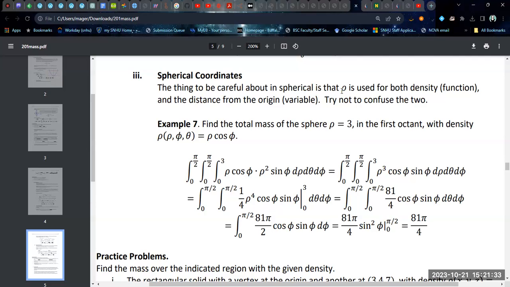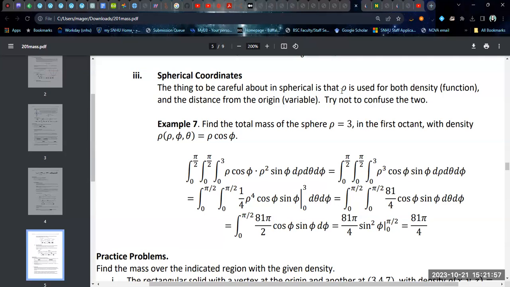So it's important to try not to confuse the two. You may want to provide some extra notation, like the density maybe being rho sub d or something like that, just so that you can keep track of which rho is which. We're not really in math supposed to use rho for 2 different things.